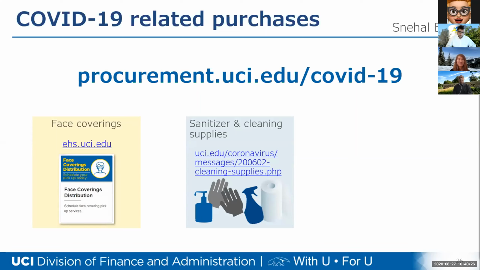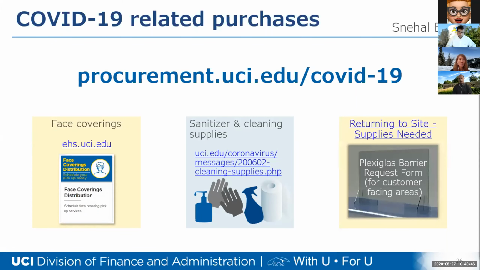And we have procured plenty of stock to provide those for all the faculty, staff, and students. So if anybody is looking for face coverings, they can go to the EHS website or send email to safety@uci.edu to arrange for your pickup of face coverings. Obviously, you want to try to do that for your department rather than individually, but that's an option you have.